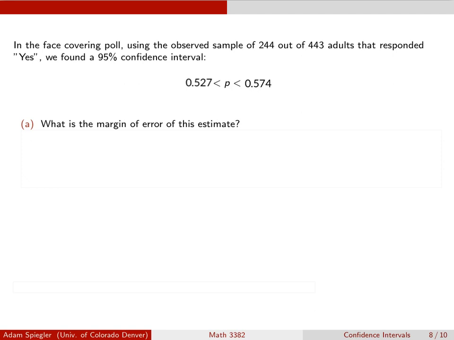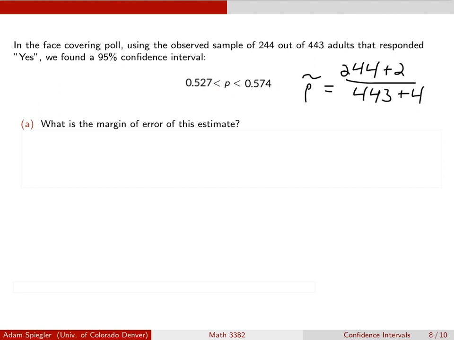And recall that for the Agresti-Coull confidence interval, our point estimate is this p tilde, which in this case would be the 244 plus an additional 2 successes out of the 443 plus an additional 4, right? So we assumed we had 4 additional trials, 2 of them were successes and 2 of them were failures, and that's where this estimate came from.